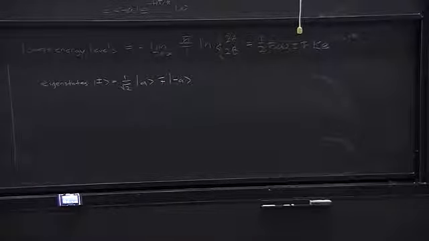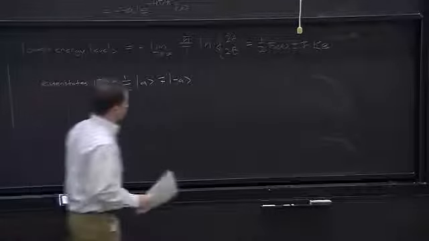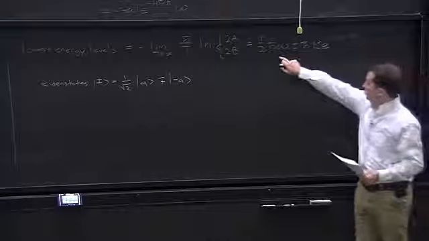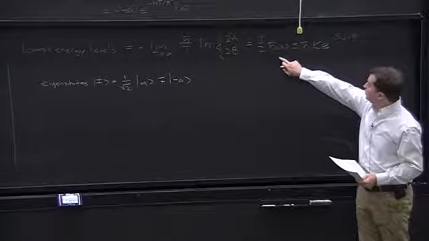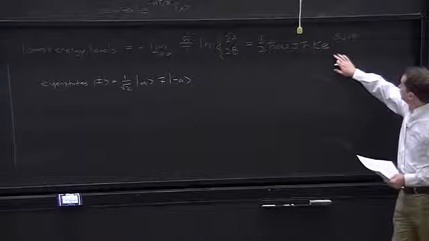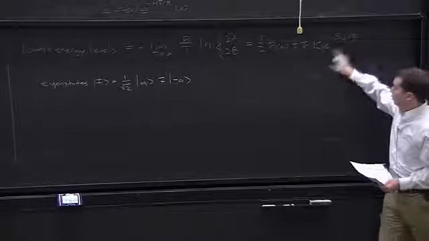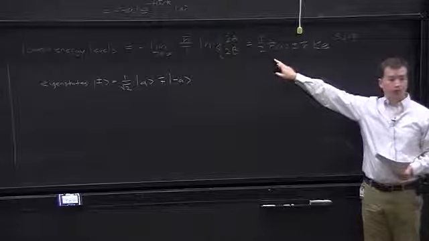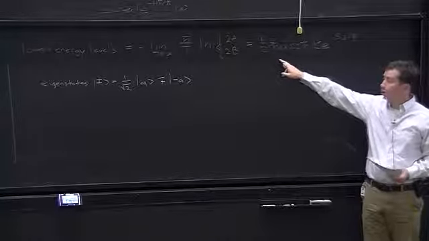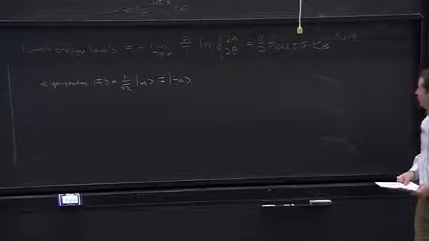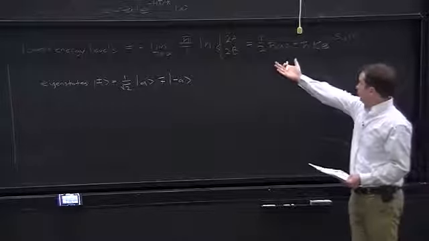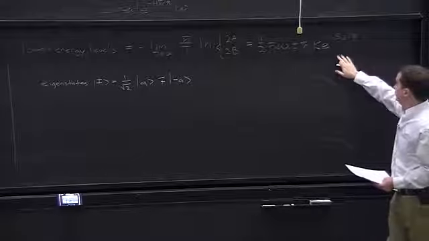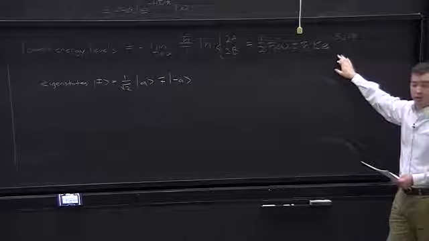You might object to this formula because, well, we've computed an exponentially small correction to the energy levels, but we haven't computed the order h bar squared corrections, which in principle should be there. And will be there, but what we have computed is the leading contribution to the energy splitting.